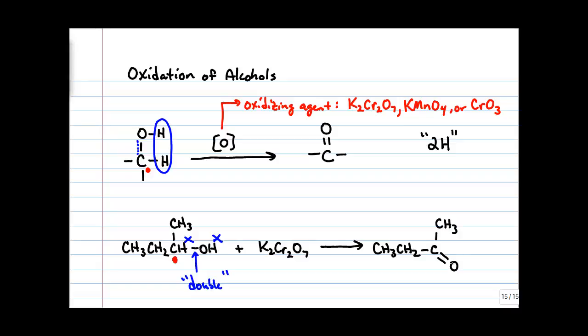We went from an alcohol to what we're going to call a ketone. We already know how to recognize ketones, but we don't really name them yet. So we make a ketone, and this ended up actually being a secondary alcohol.